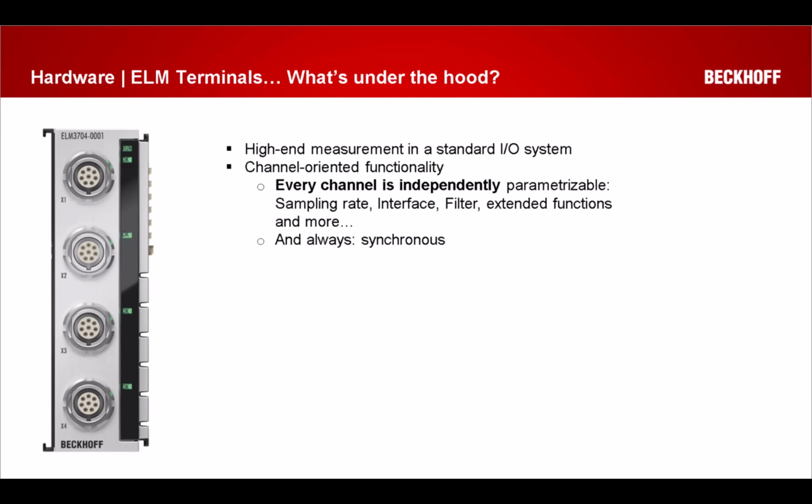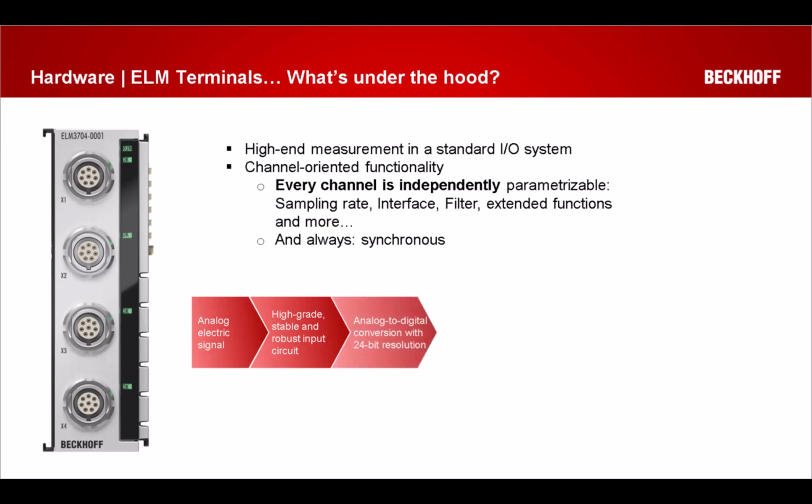So to dig a little bit deeper at what's actually happening under the hood for one of our ELM terminals, the sensor interfaces are received by high-end hardware filtration and circuitry to protect the signal. We then run it into a Delta Sigma 24-bit A to D converter.